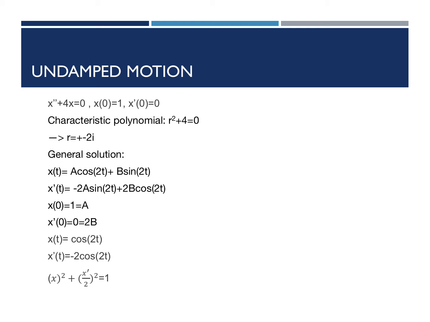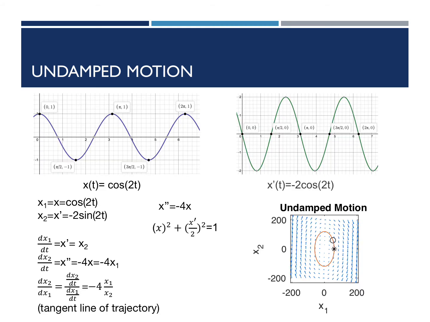We can get an equation with the waveform in this picture, and we can see that if we divide x2 by minus 2, we can get cosine 2t and sine 2t for x1 and x2 over 2. So we can see that x squared plus x prime over 2 squared equals 1.